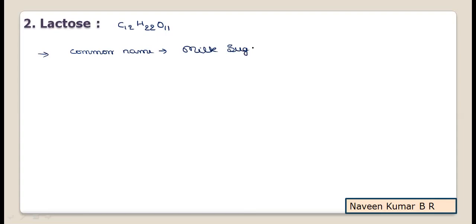The sugar which is abundant in milk is lactose, and the common name for lactose is milk sugar. Then, if you consider the simple information about the compounds, now we'll try to focus on that.